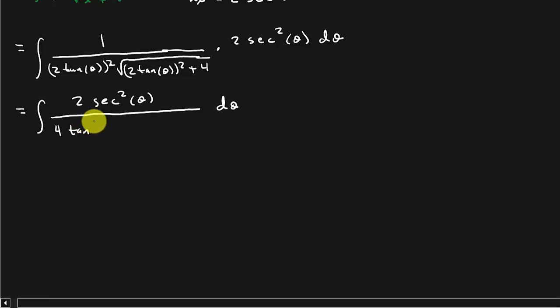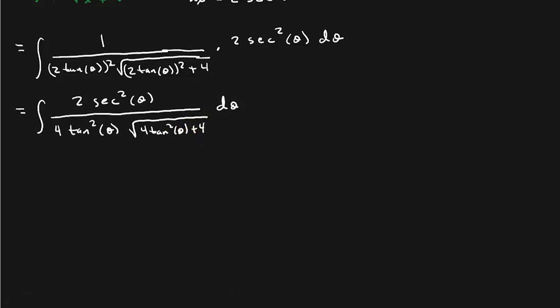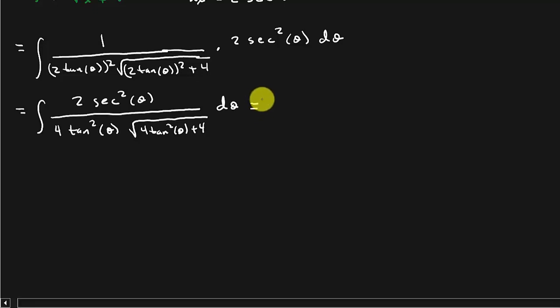So that's 4 tangent squared theta times the square root of 4 tangent squared theta plus 4. So now we've got the integral of 2 secant squared theta over 4 tangent squared theta.